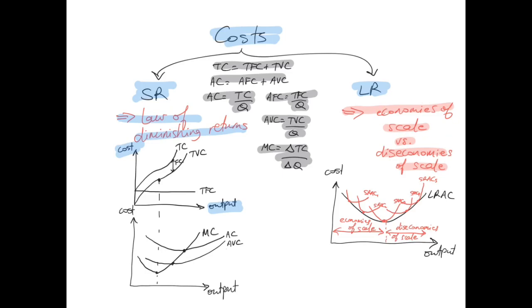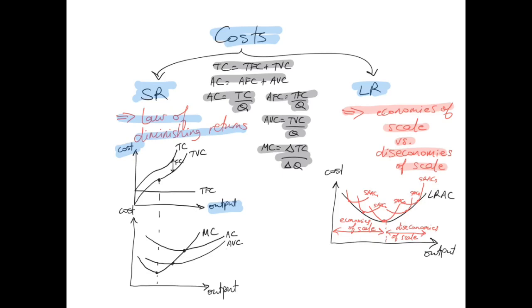Basically, the long-run average cost begins to fall. We call this economies of scale. These are the advantages of the firm growing in size. When the firm is experiencing decreasing returns to scale, its long-run average cost begins to rise, and we call this rise in long-run average cost diseconomies of scale.